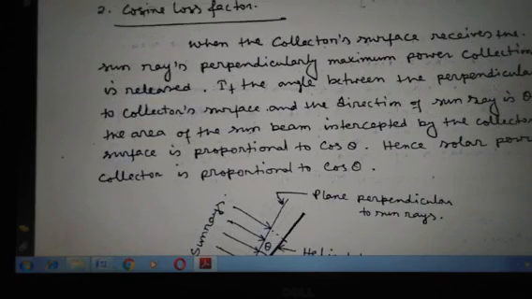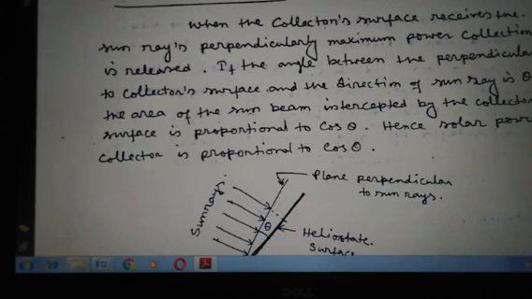Now the cosine loss factor. When the collector surface receives the sun rays perpendicularly, maximum power collection is achieved. If the angle between the perpendicular to the collector surface and the direction of the sun rays is theta, the area of the sun beam intercepted by the collector's surface is proportional to cos theta.